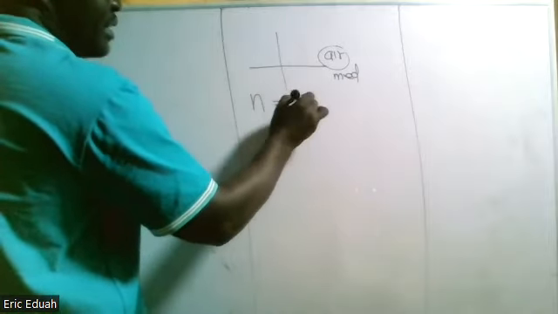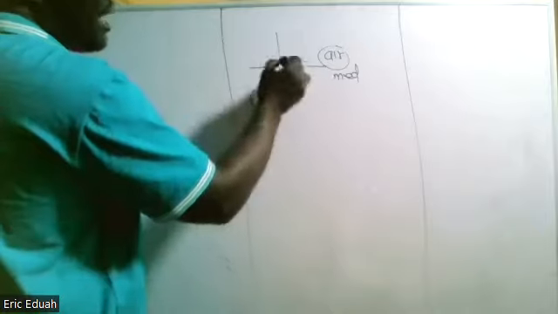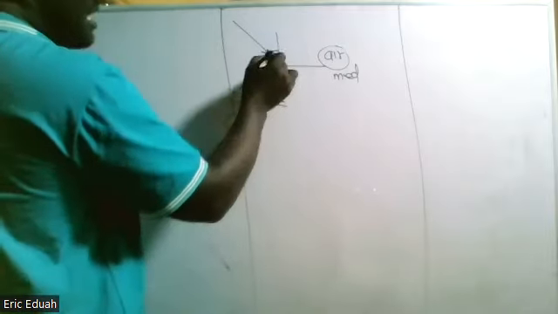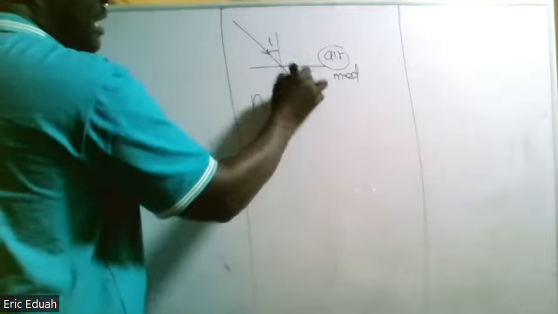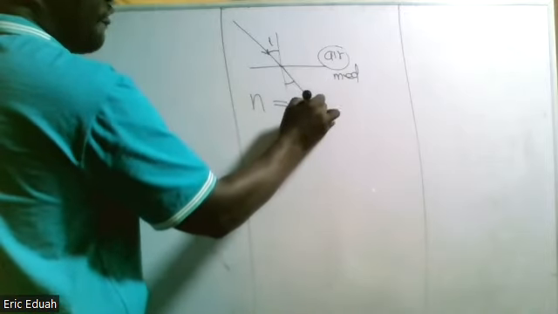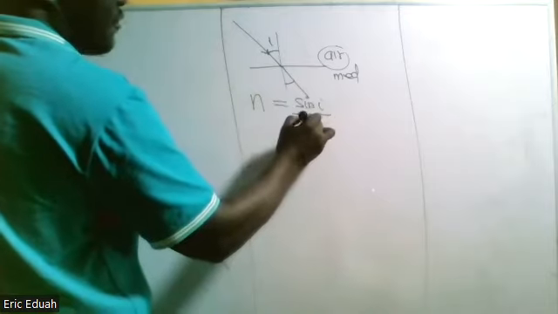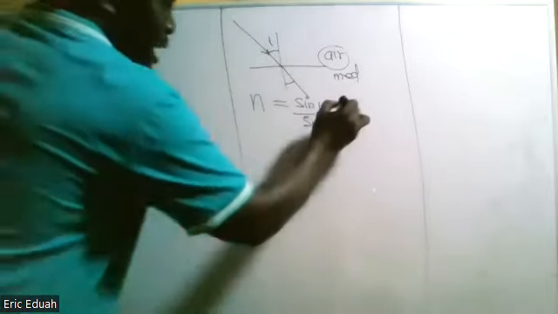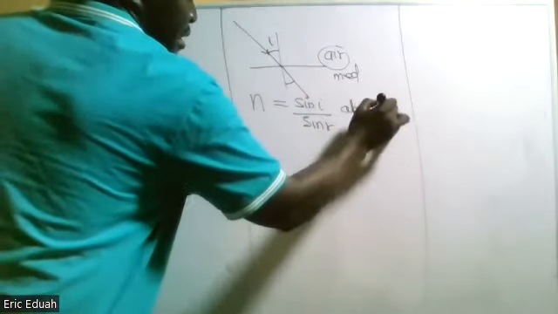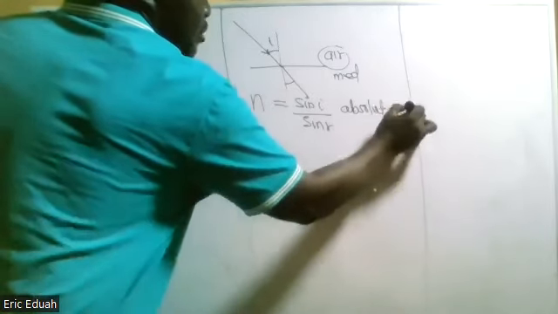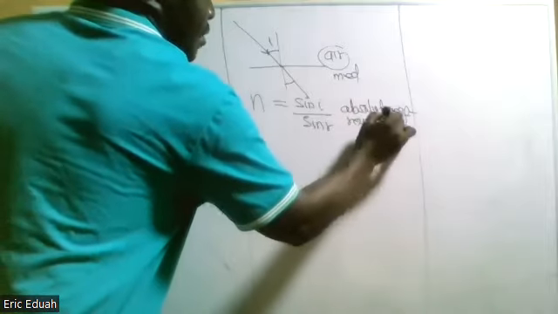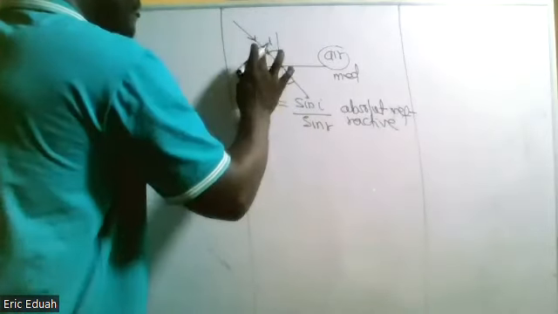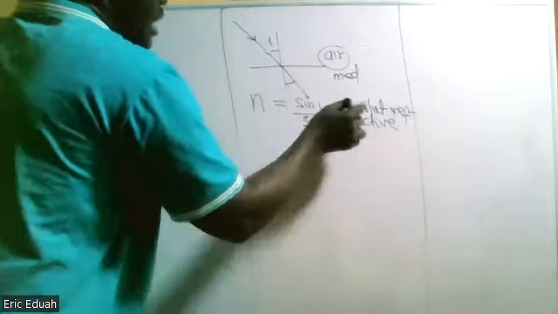So n, from the Snell's law perspective, the absolute refractive index can be expressed as the ratio of the sine of I to the sine of R. This explains the absolute refractive index, because the light is being propagated from air to glass, to another medium.